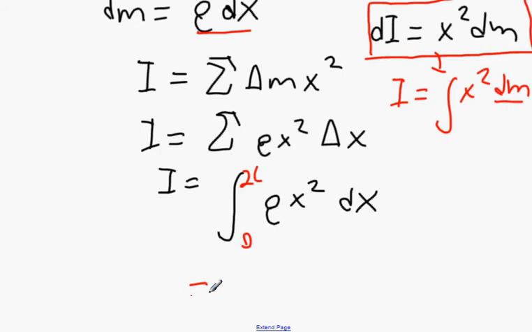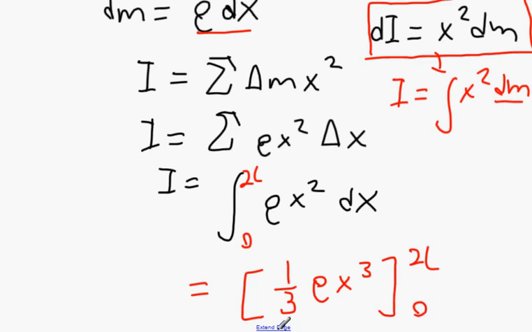And then when we integrate, we're going to get a third rho x cubed, from 2L to 0, equals a third rho x cubed.